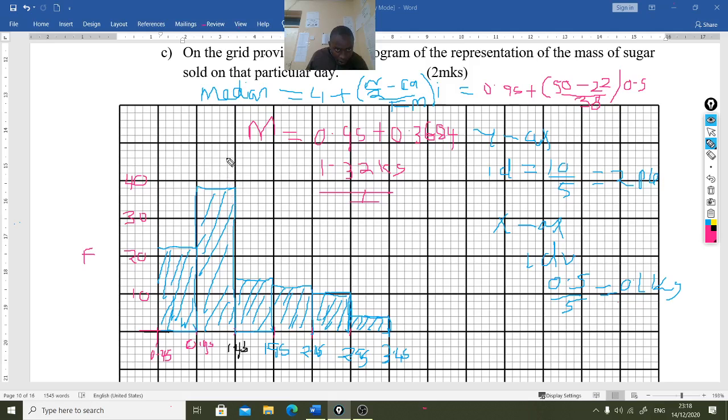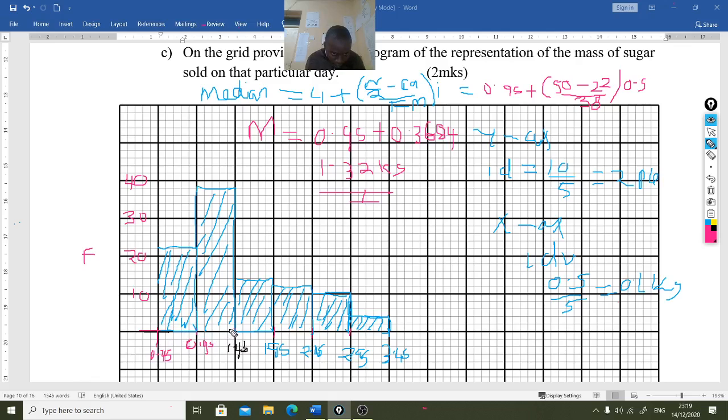1.32 should be around here, because we start from 0.95, plus 0.1 gives 1.05, plus 0.1 gives 1.15, plus 0.1 gives 1.25, the third one, plus 0.1 gives 1.35.